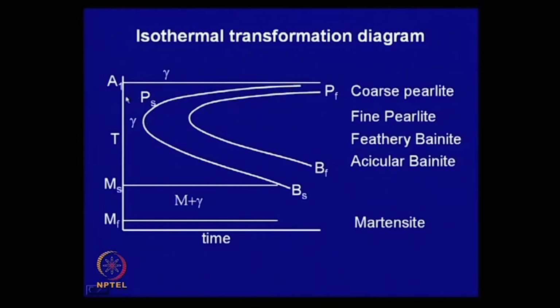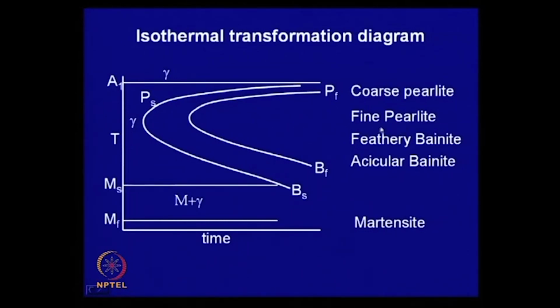If you cool to different isothermal temperatures, this is the time you have to allow for the transformation to start, and this is the time when the transformation is complete. If you keep the steel at this temperature and allow the transformation to complete, you will get a coarse pearlite structure. Exactly, it is a lamellar structure, but the spacing is wider, and if you go down to a lower temperature, the diffusion distance will be smaller.